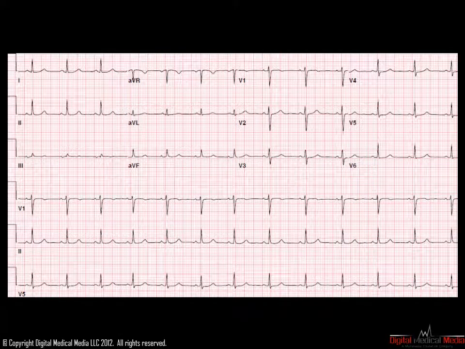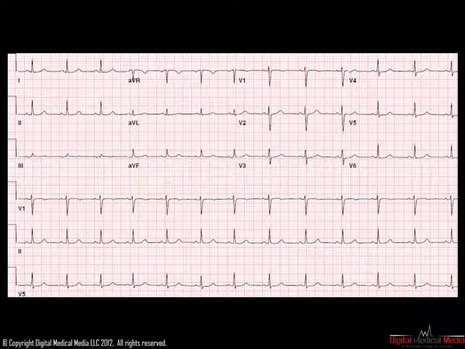Let's look at the axis of this heart in both the frontal and horizontal planes. Lead 1 is mostly up, AVF is mostly up, and in a relatively balanced fashion, this is a completely normal cardiac axis. As we look in the horizontal planes, we look only from V1 through V6.